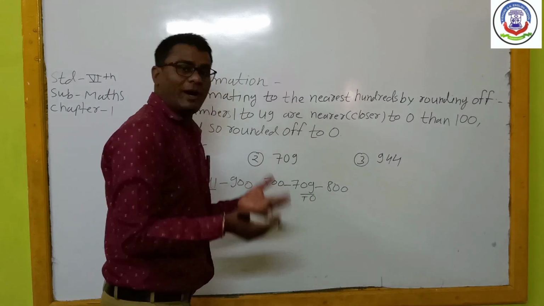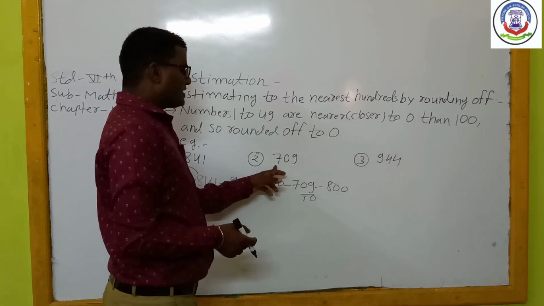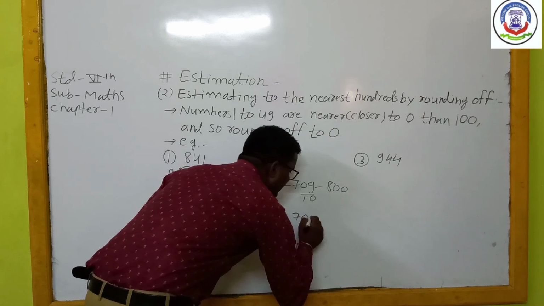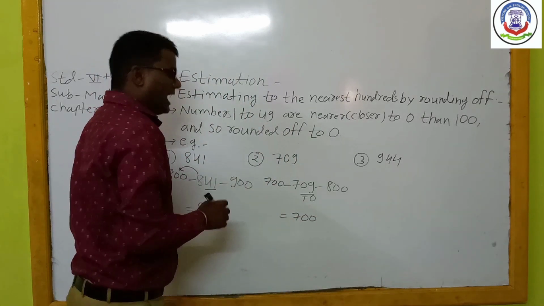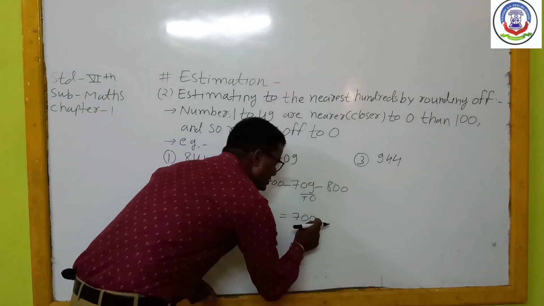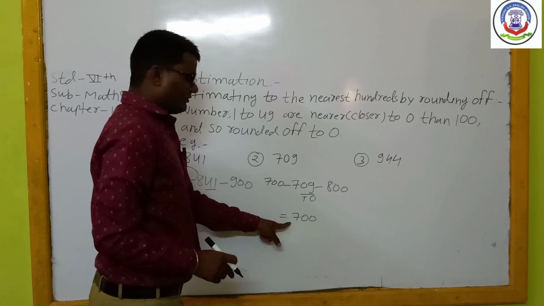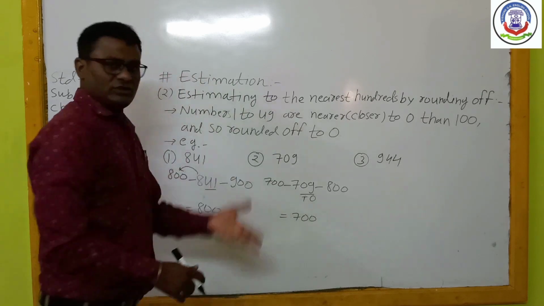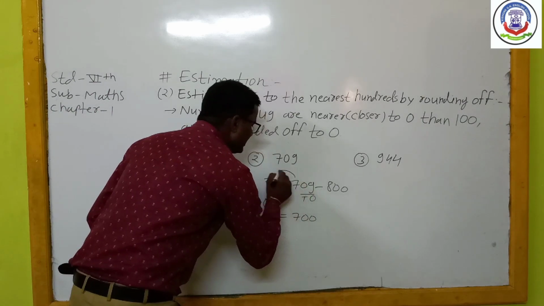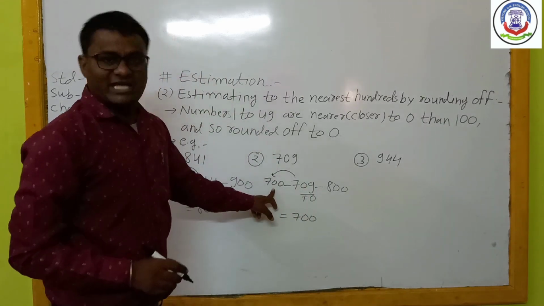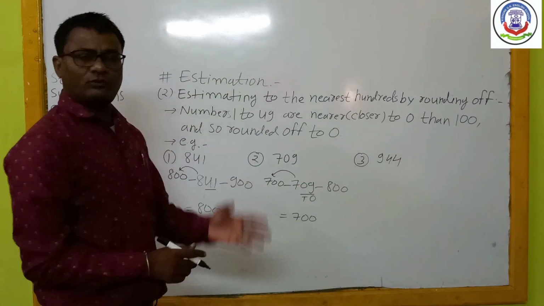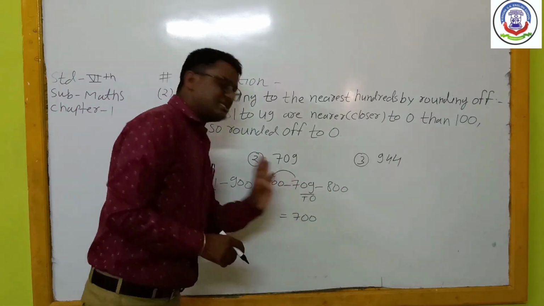So the required rounded off number of 709 will be 700. How I rounded off 09 as 0 0 and wrote 7 as it is. Another way, you can clearly see that 709 is nearer to 700 than to 800, so the required number will be 700.